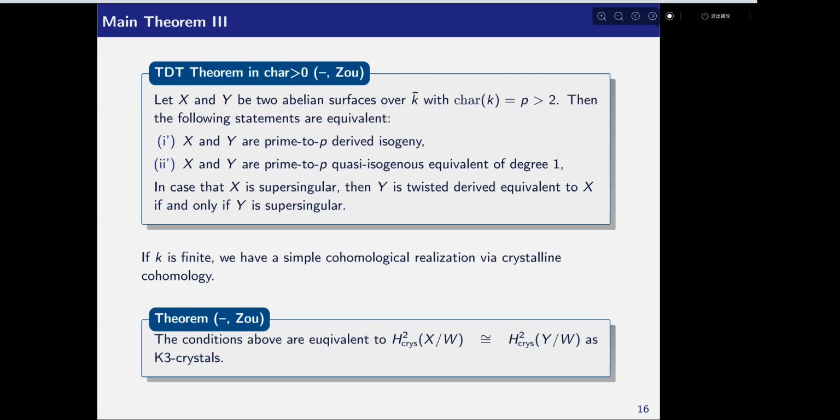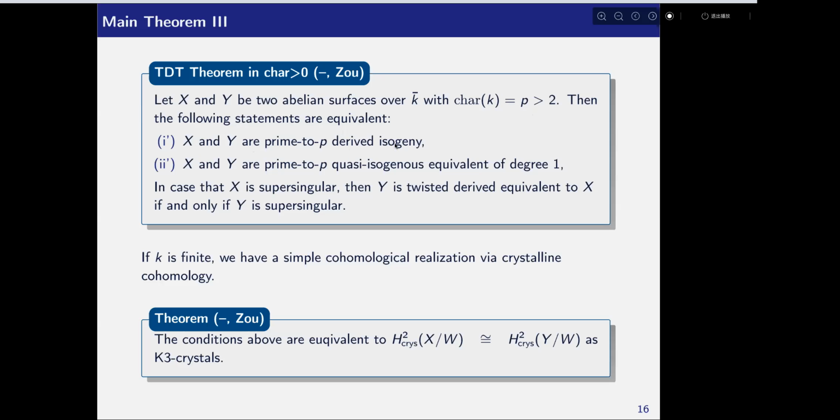Suppose we are given two abelian surfaces X and Y over an algebraically closed field, and I will assume that the characteristic of this field is odd, so p is greater than 2. Then the following two statements are equivalent. X and Y are prime-to-p derived isogenous.